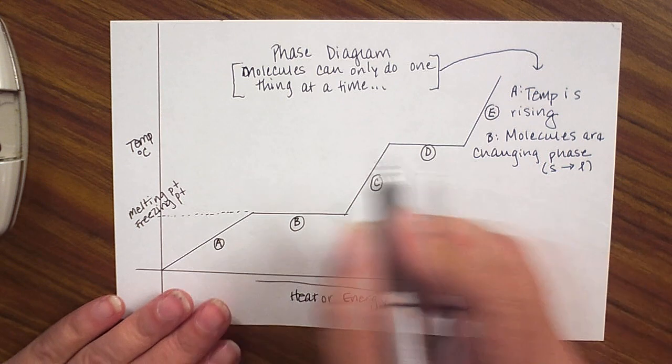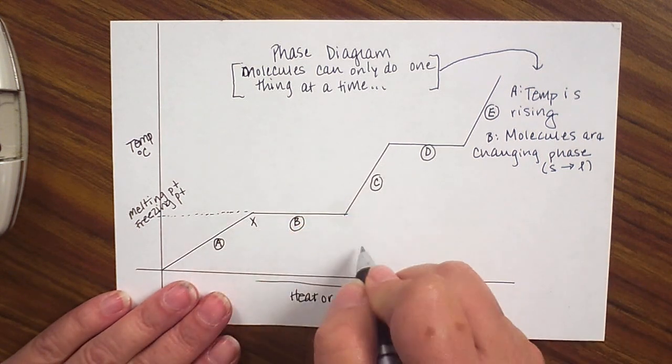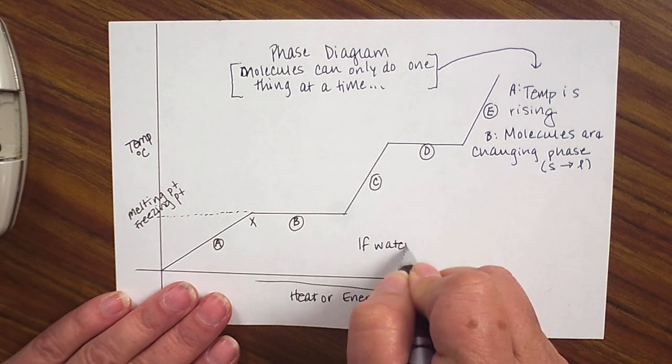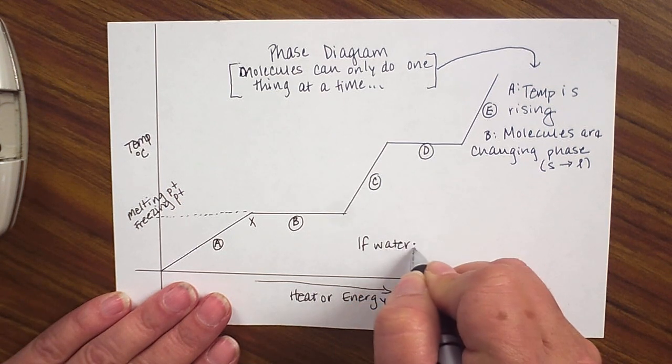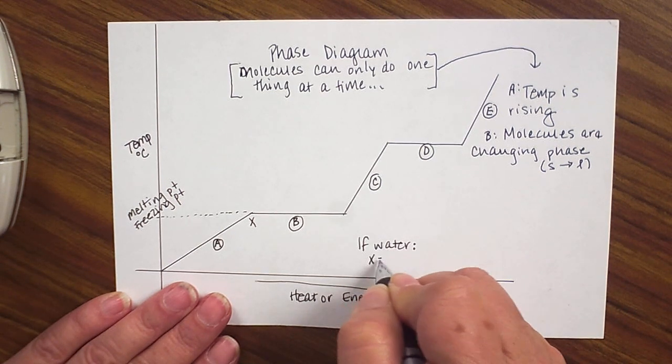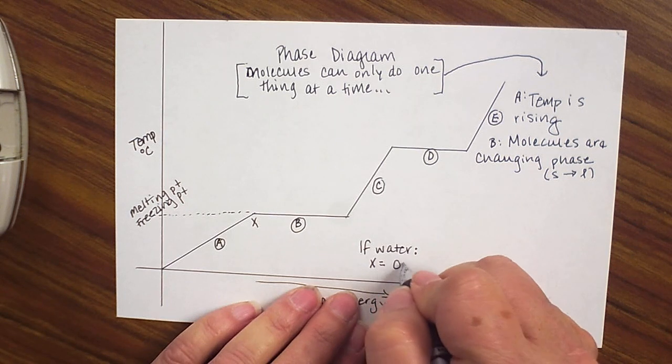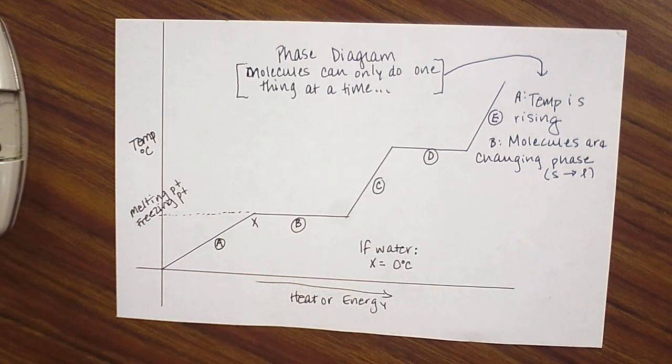But if this were water, then X would be equal to what temperature? Yes, excellent. 0 degrees Celsius. If this were water, that melting point / freezing point would be 0 degrees Celsius.